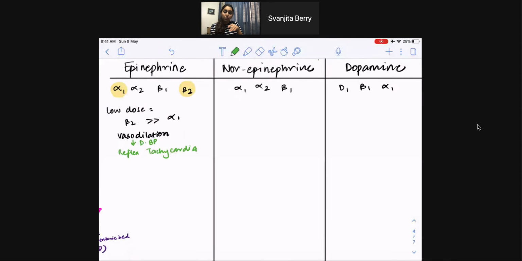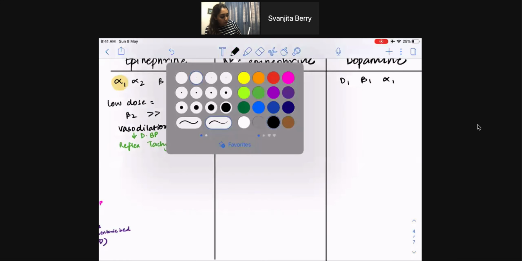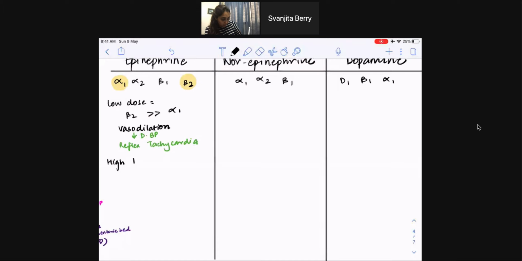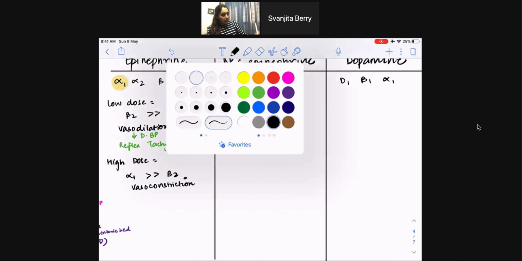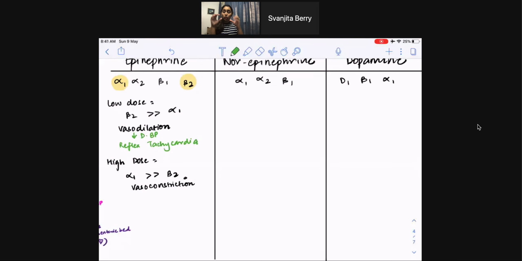Talking about high dose epinephrine, alpha 1 receptors are more strongly activated than beta 2. This gives us vasoconstriction, and when you vasoconstrict, the blood pressure in the arteries goes up, your diastolic blood pressure goes up. And like I said, if blood pressure goes up, heart rate goes down, so you're going to get a reflex bradycardia.